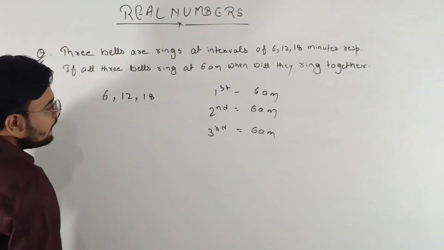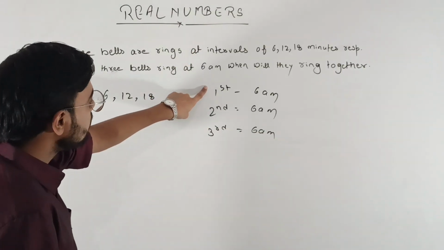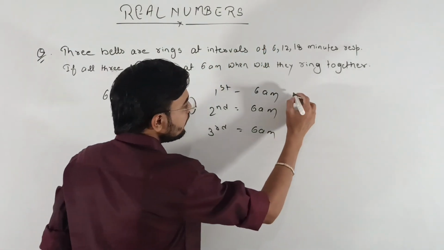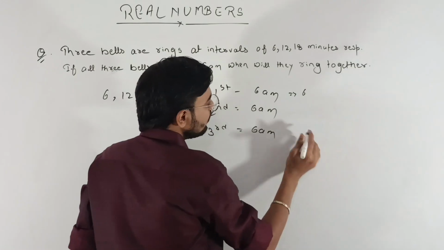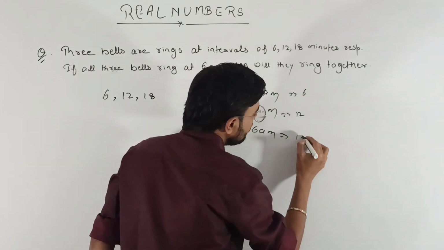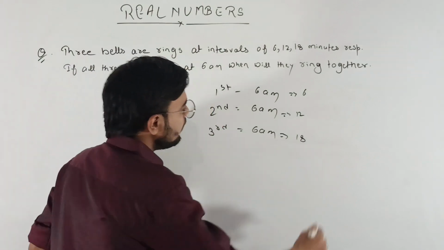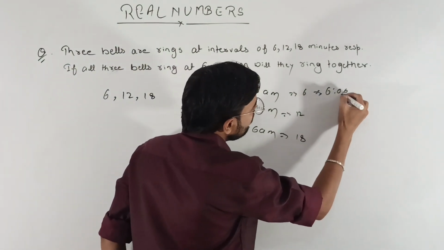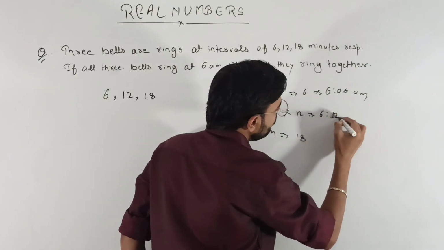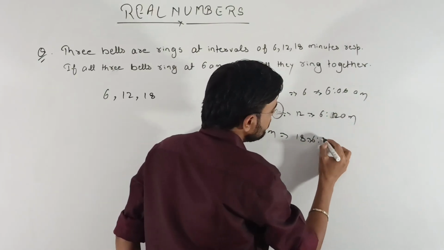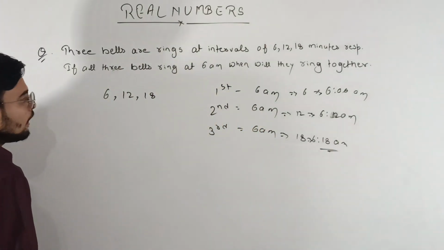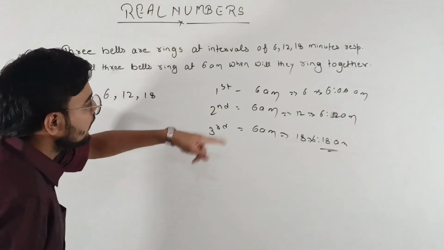Next time, the first bell rings after an interval of 6 minutes, the second bell rings after 12 minutes and the third bell rings after 18 minutes. Then the bells ring at 6:06 am, 6:12 am and 6:18 am.